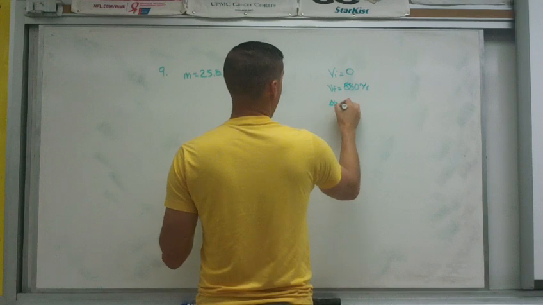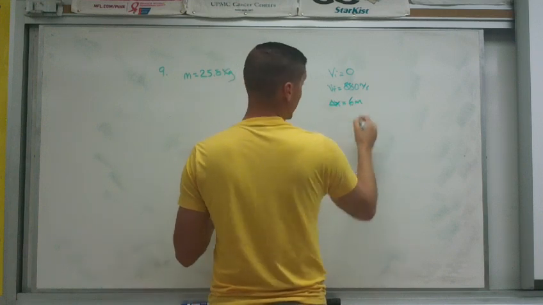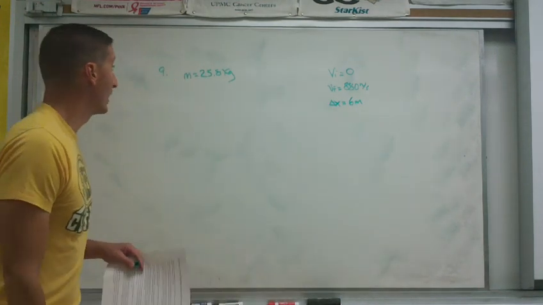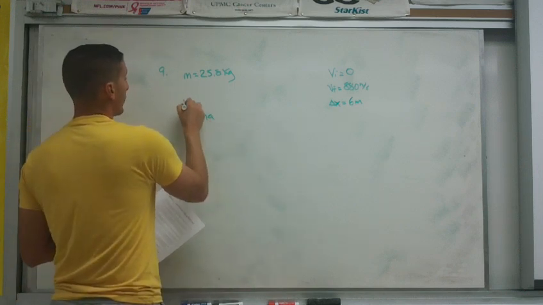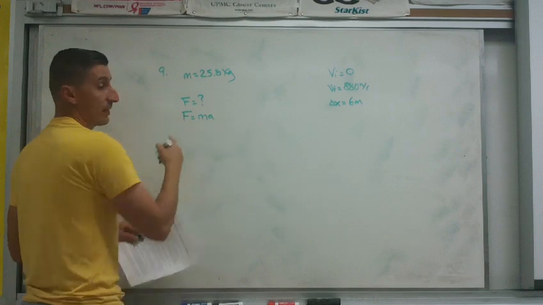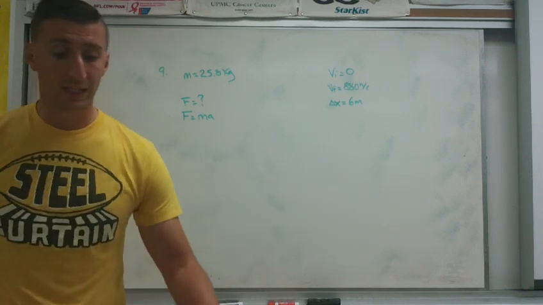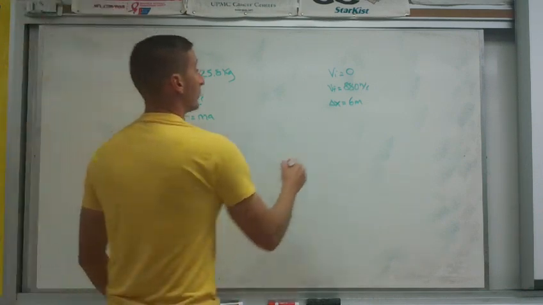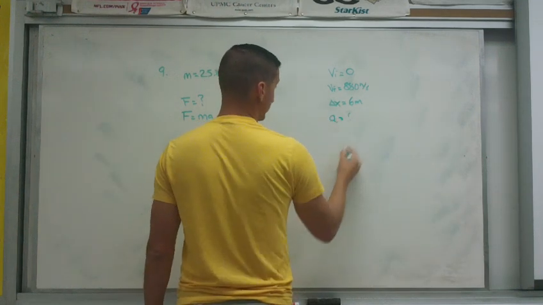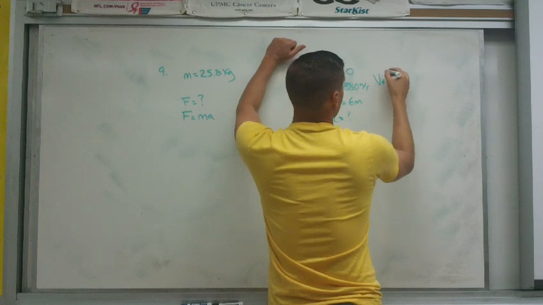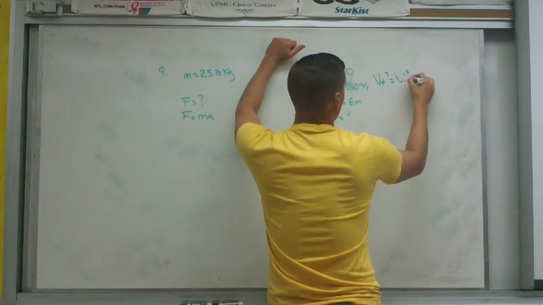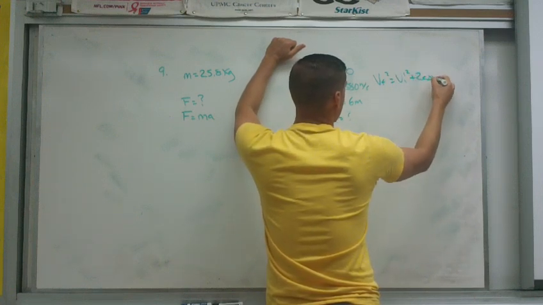The distance it travels is 6 meters during the time it speeds up. I want to know the resultant force, so I can use this equation. I'm looking for F. It should make sense that I need a. Well, I can get a from here. I'll use vf squared equals vi squared plus 2a delta x.